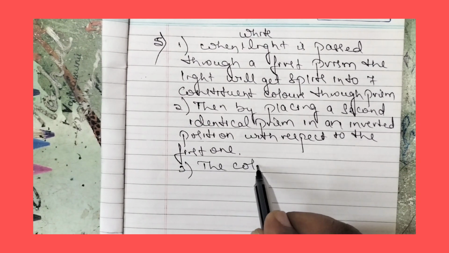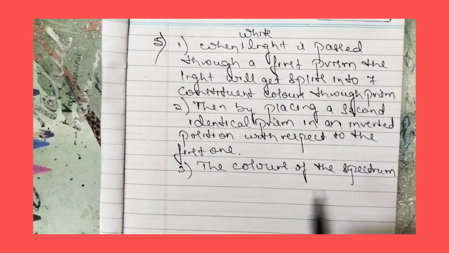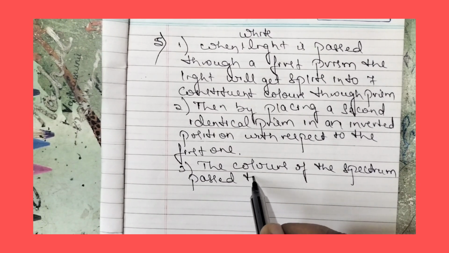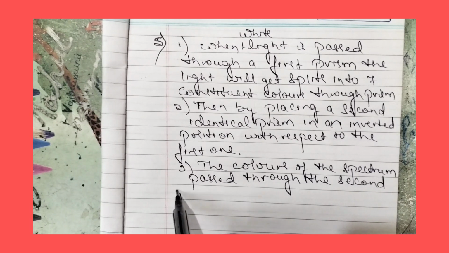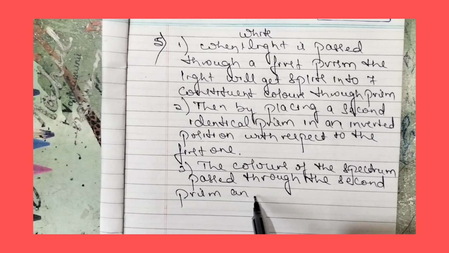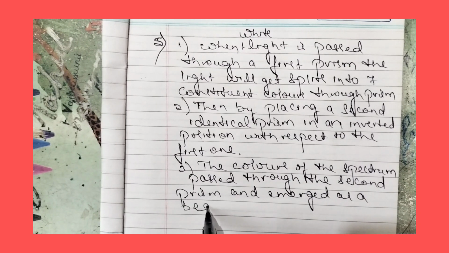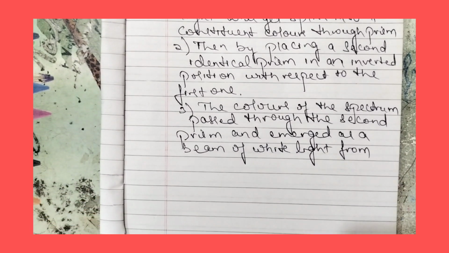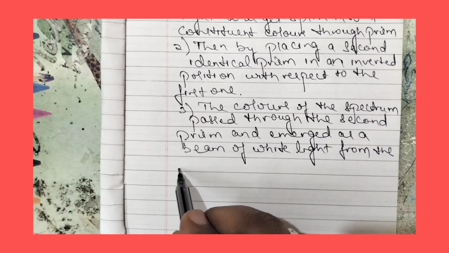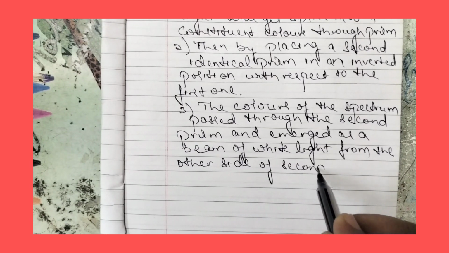Third point: the colors of the spectrum pass through the second prism and emerge as a beam of white light from the other side of the second prism.